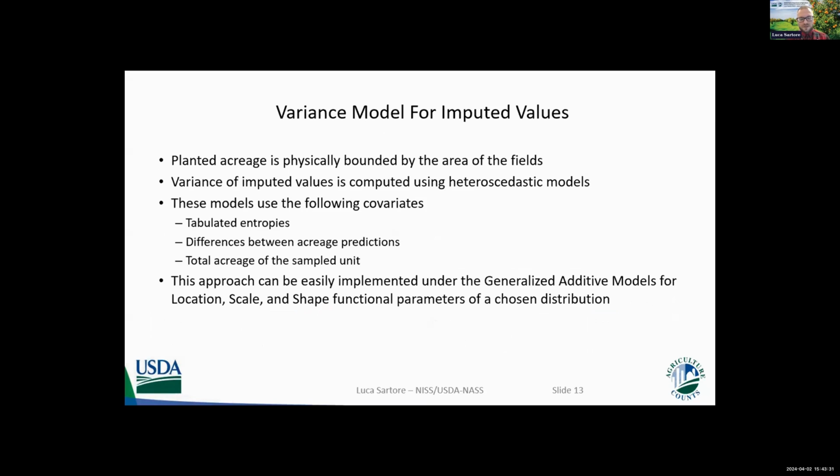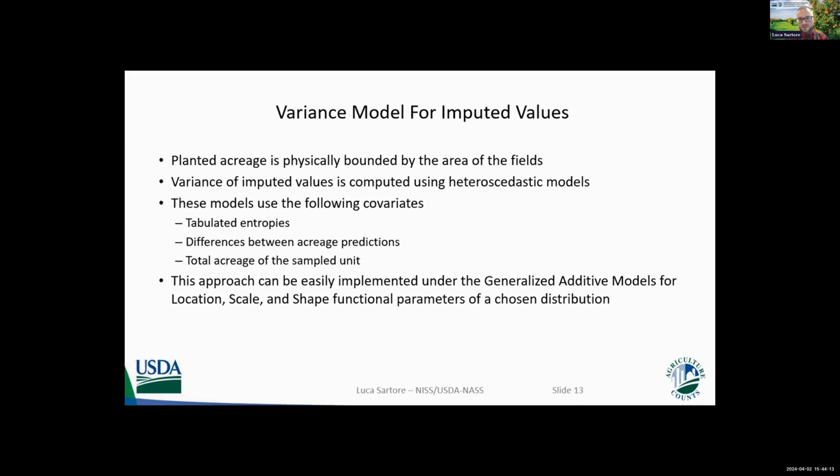The initial thought we had was that the planted acreage has some physical bounds: it cannot be smaller than 0, and it cannot be larger than the area of the field. Once we developed the model, we accounted for heteroscedasticity, where the input variables used to determine the variance for our imputed values are based on tabulated entropies, which occurs with a similar system as we saw before, but rather than using the categorical crop prediction, we use the entropies.